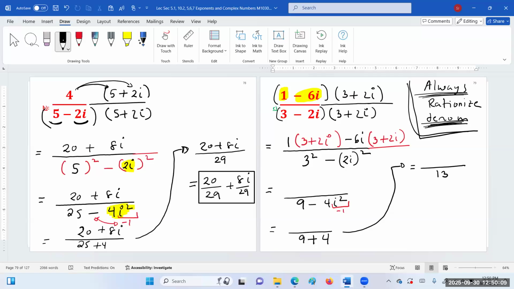Now, what do you get when you distribute the 1? You get the same thing back, 3 plus 2i. And now what happens when you distribute the negative 6i? Negative 18i minus 12i squared.